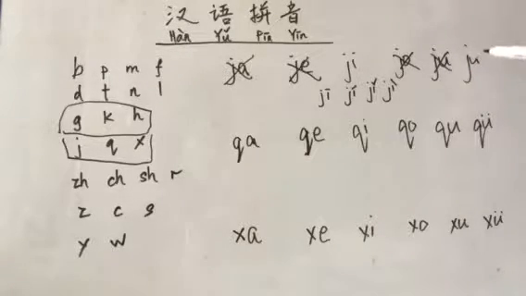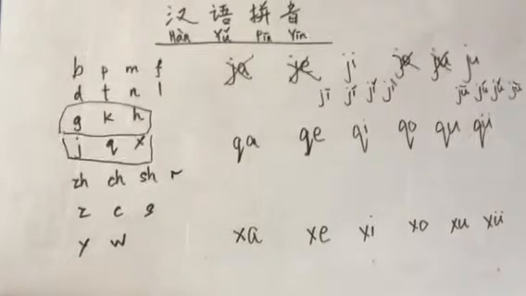So this is pronounced as ji, yu, ju. Sorry for my handwriting, it's a bit ugly. Okay, ju, ju, ju, ju.